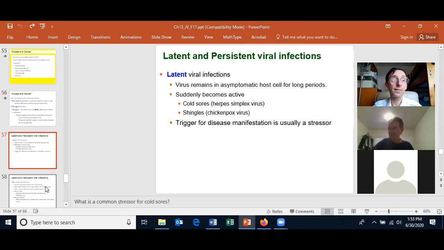We haven't talked about the latent life cycle. Animal viruses can be following the lytic life cycle or the budding life cycle, but they can also enter the latent life cycle. And generally these are viruses in the budding life cycle, but there could be some exceptions.